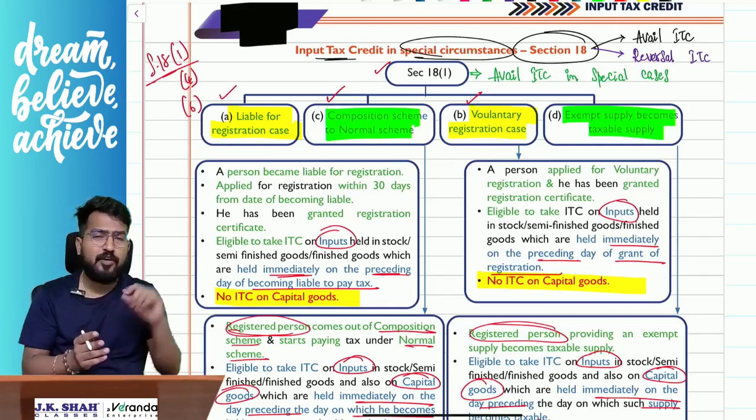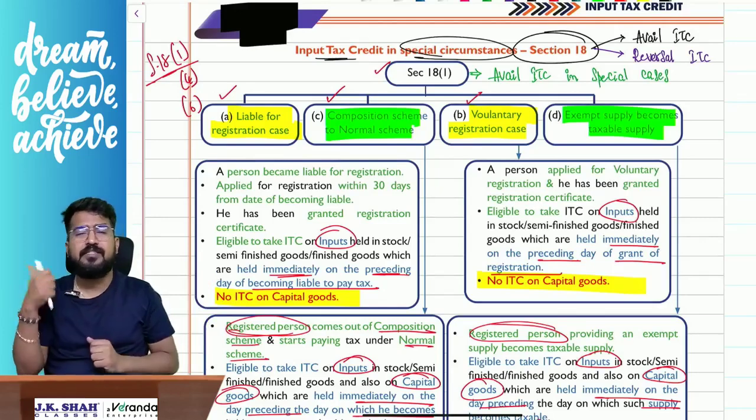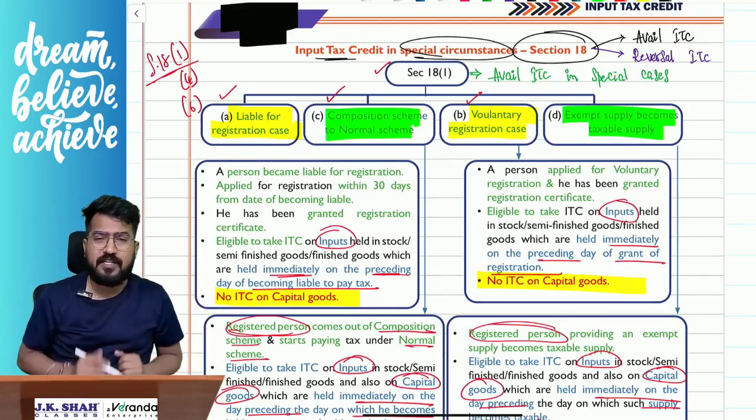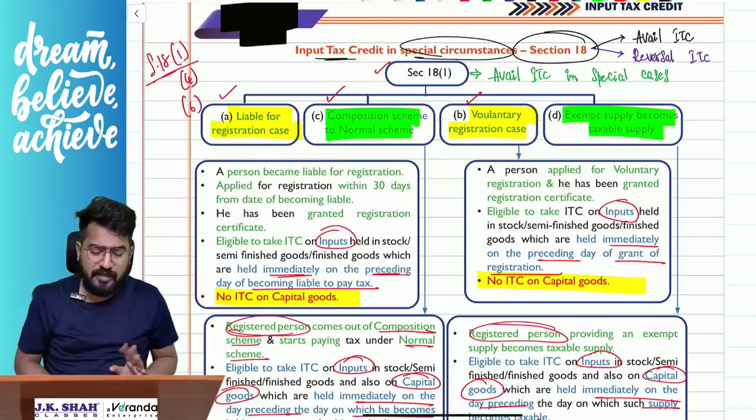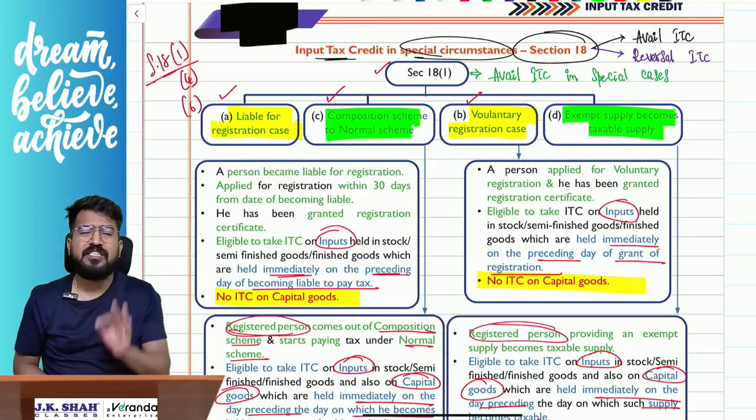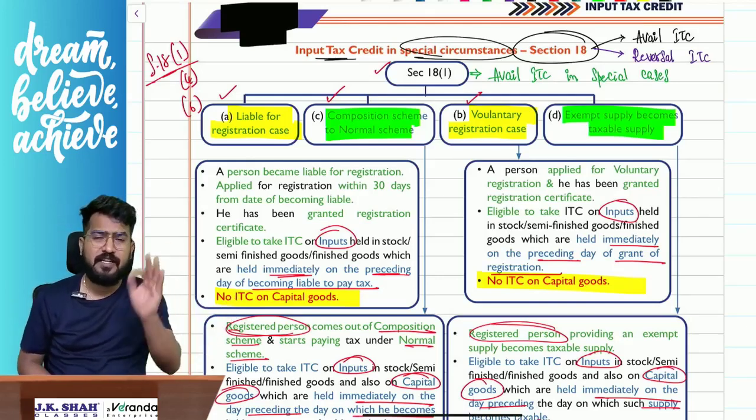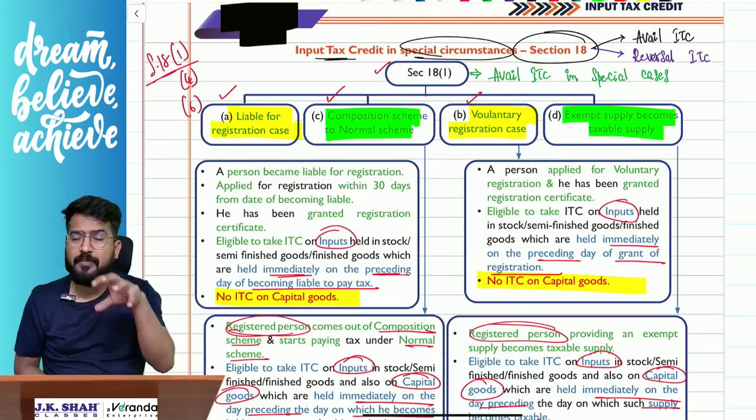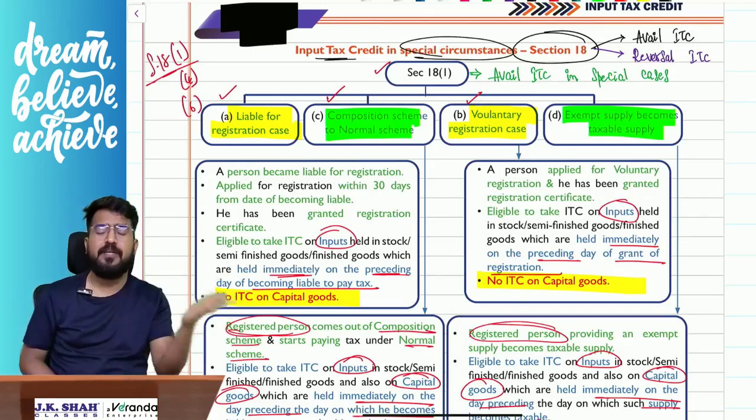Here I repeat, clause A and B are one category, C and D are another category. What is that category, sir, if you ask me? In clause A and B, you are becoming liable for registration and the immediately preceding date, closing stock. The date of becoming liable for registration is that immediately preceding day.